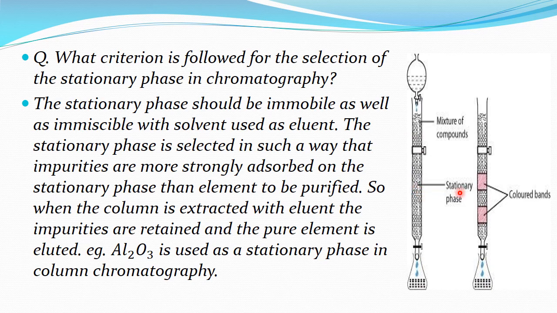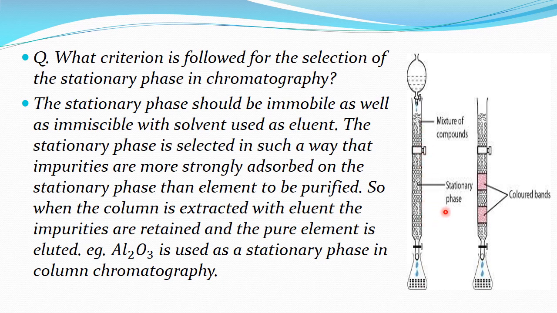The main purpose of the stationary phase is to adsorb different components of a mixture at different rates. Some components will adsorb more, and that component will be found on the top of the column. In some cases the stationary phase will adsorb some components very little, and that component of the mixture is found at the bottom of the column. Like this, the stationary phase will adsorb different components of a mixture at different rates.